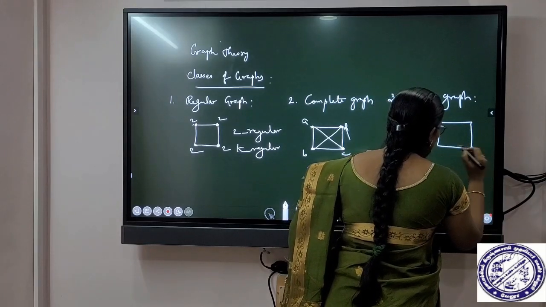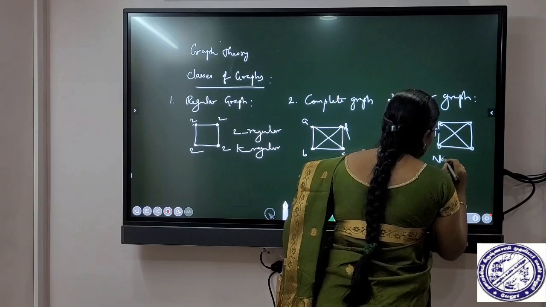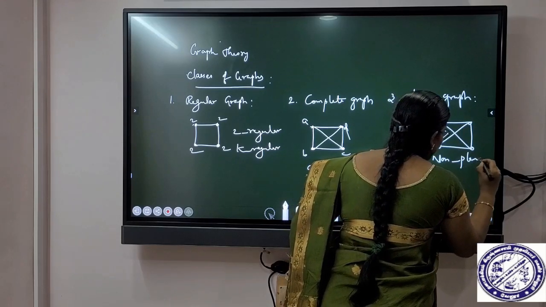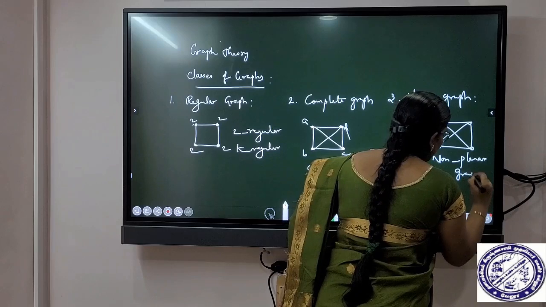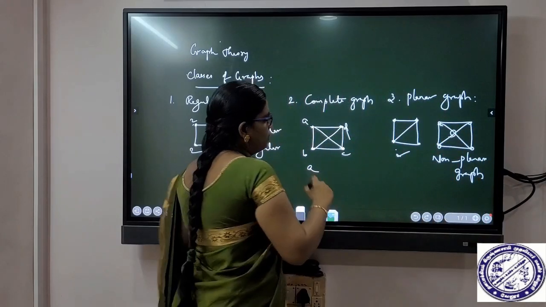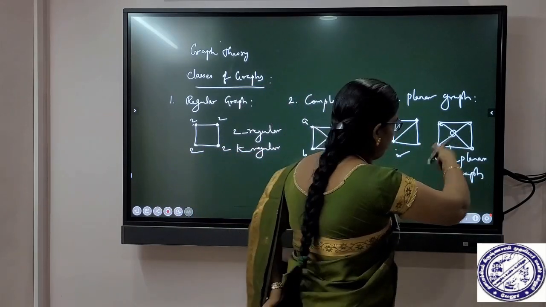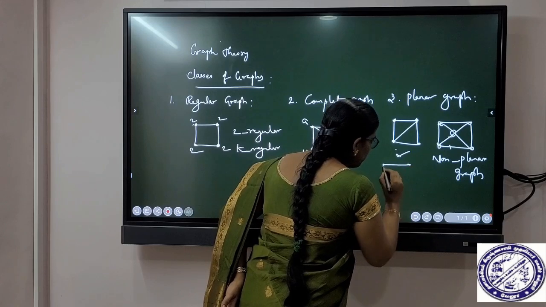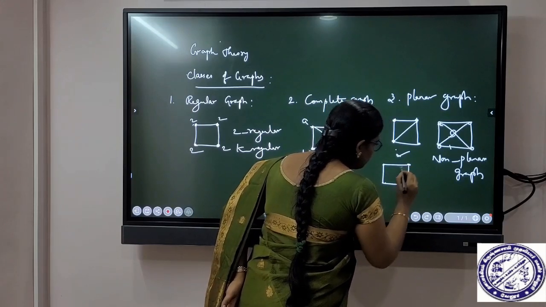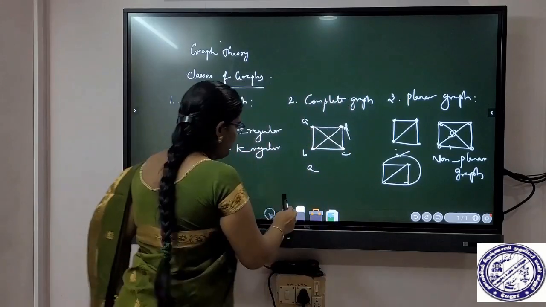This is an example for a non-planar graph. In this graph, two edges intersect. Suppose you want to make this non-planar graph a planar graph, we can draw it in this way. This is a planar graph.